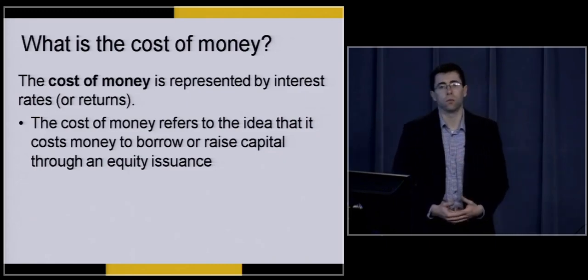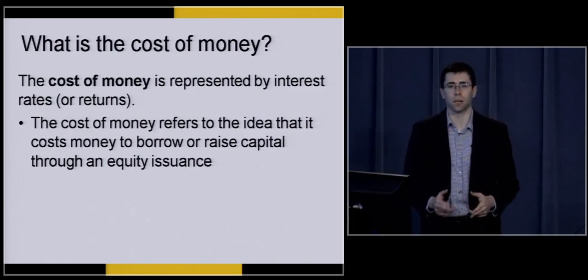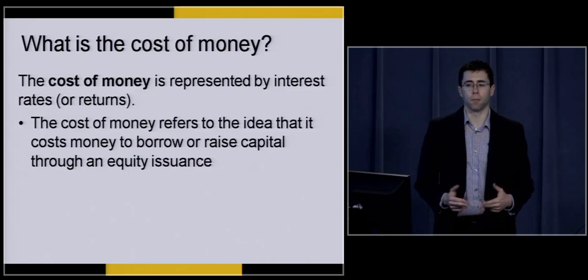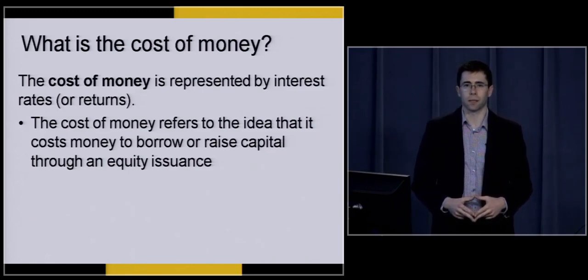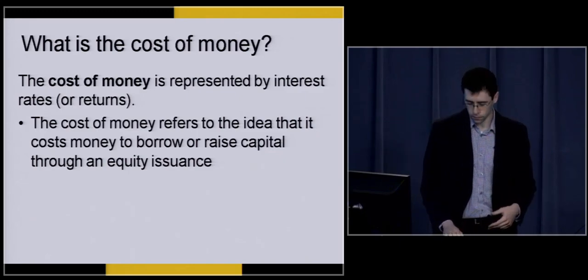So really what you're going to see today is that interest rates are dependent on a huge number of factors, but suffice it to say, higher interest rates typically are associated with greater cost to giving up today's consumption in exchange for future consumption.